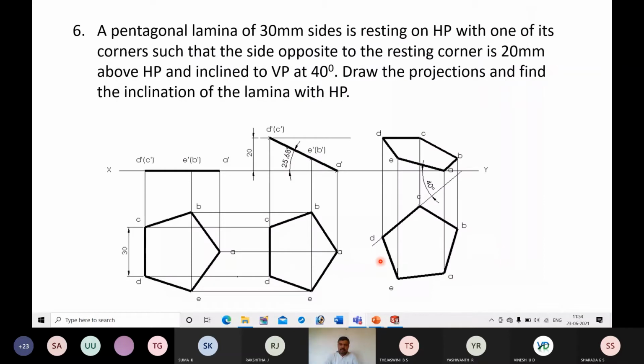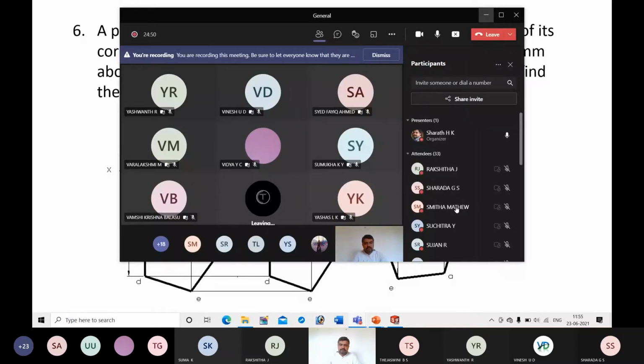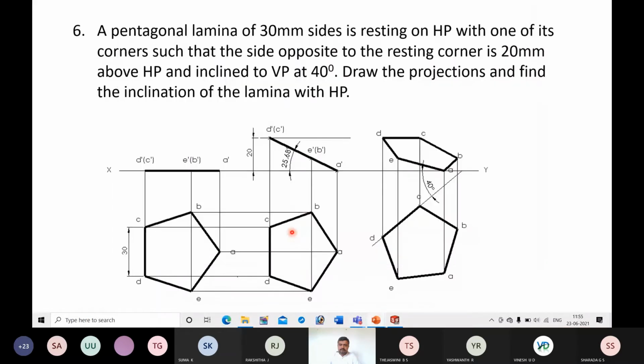You can try to give the answer. Why are we not finding the beta angle for this problem?